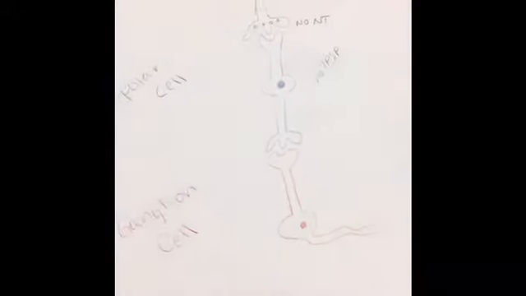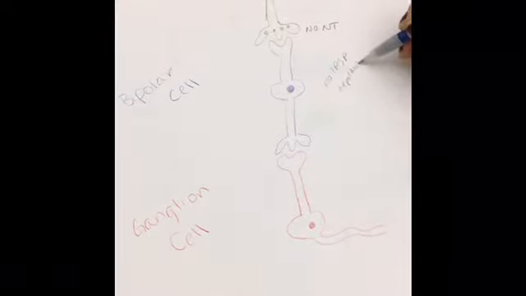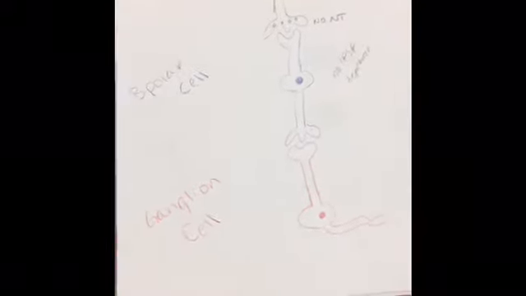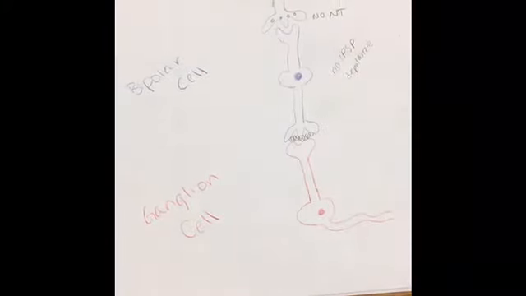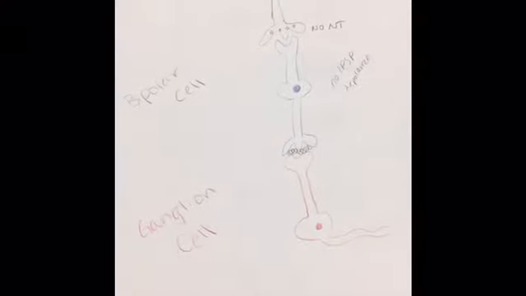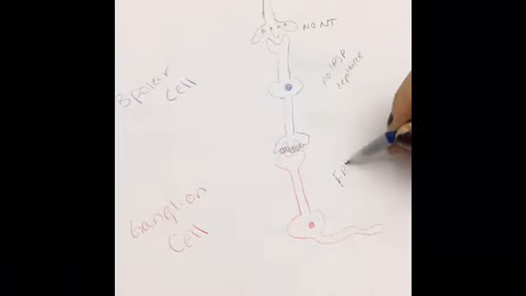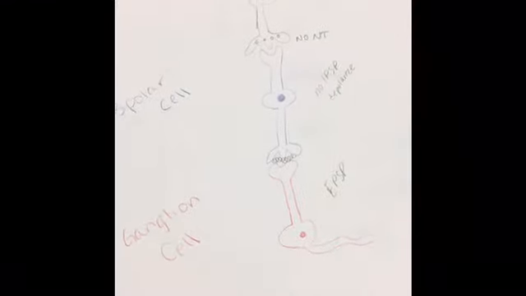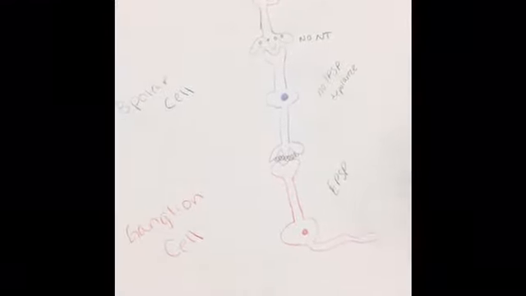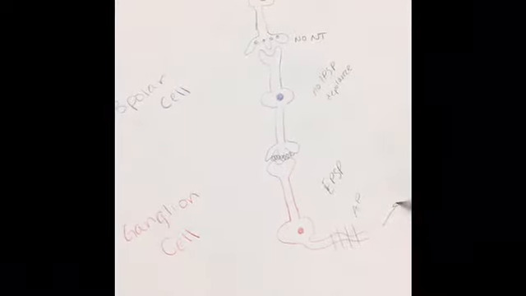In turn, the cell will depolarize and neurotransmitters will be released from the bipolar cell onto the ganglion cell. This will result in an EPSP, an excitatory postsynaptic potential, on the ganglion cell. In turn, this whole cascade of events will result in an action potential that will travel to the brain to be processed.